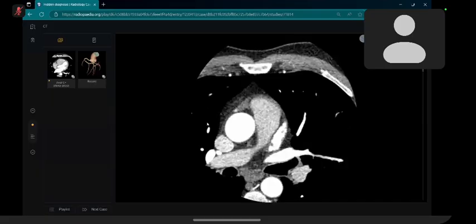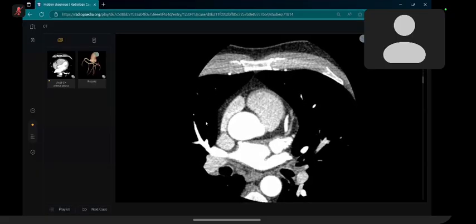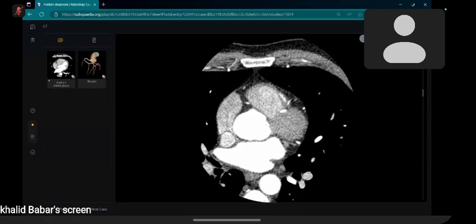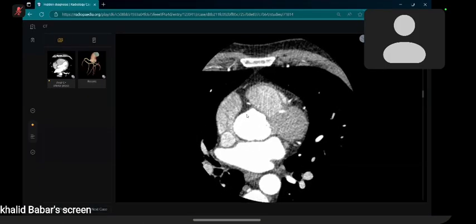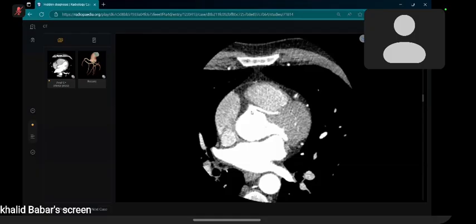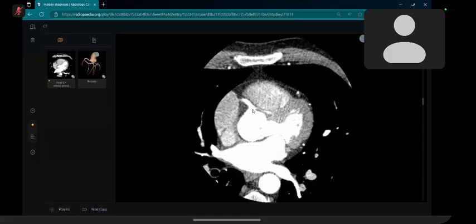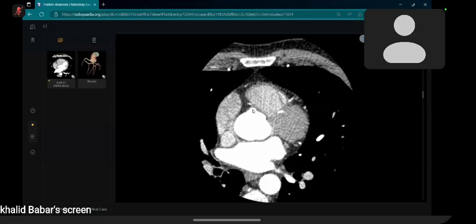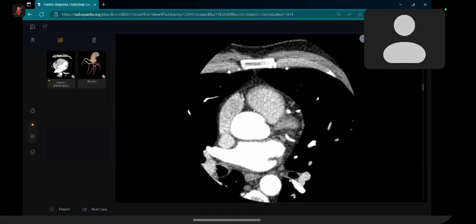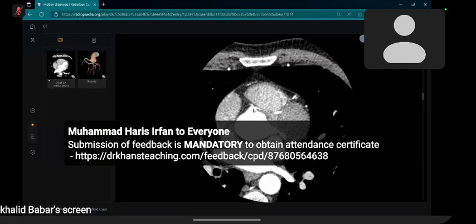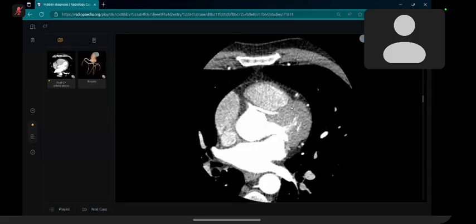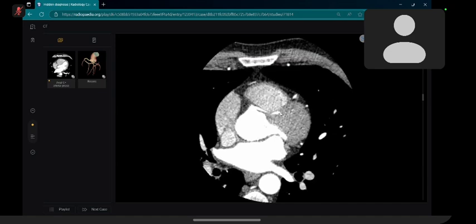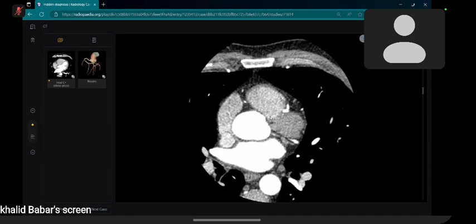As I scroll further, at 12 o'clock the right coronary artery is arising from the anterior cusp, and then there is an anomalous origin of the left coronary artery, and it is coursing between the pulmonary trunk and the arch of the aorta, having the malignant course.